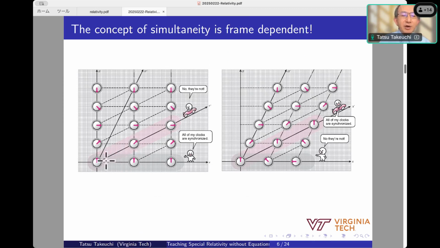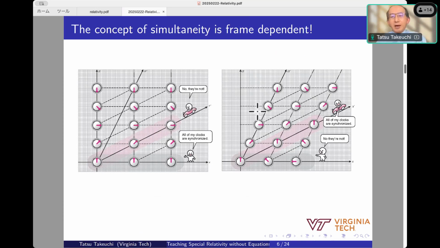If you are observing the same situation from a different frame where this is the time axis and this is the space axis, then from the moving frame's point of view, this point is at the same time as this point, which is at the same time as this point, and this observer will look at the readings of the clocks and say, well, these 3 clocks are giving different readings at the same time. So this observer will argue that these 3 clocks are not synchronized.